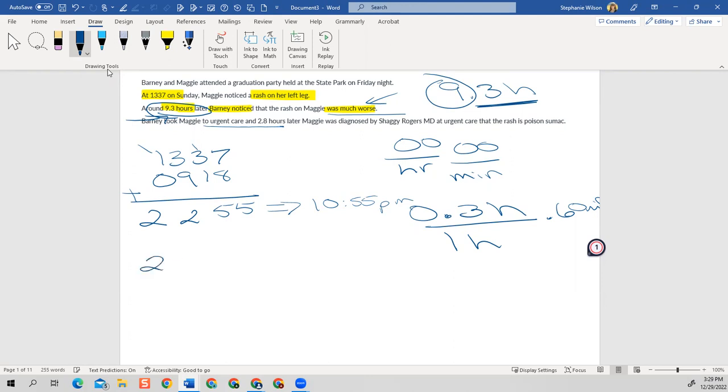So I'm going to take this 22:55, and I got the 2.8. I know the 2 goes in front as my hours. So let's figure out what is the 0.8 hours in minutes. Again, we know for every 1 hour, it's 60 minutes. So now I got 8 times 60, which is 48 minutes.